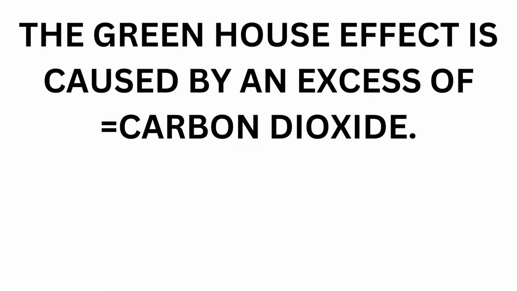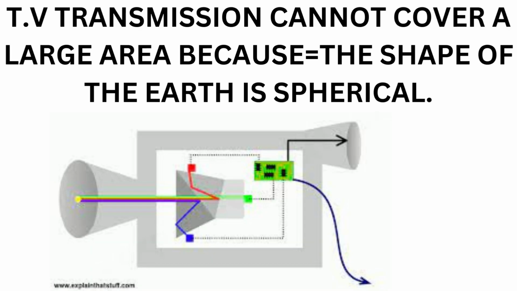And the greenhouse effect is caused by an excess of carbon dioxide, and carbon dioxide is a greenhouse gas, and like many other gases it causes global warming to a great extent. And TV transmission cannot cover a large area because the shape of the earth is spherical.